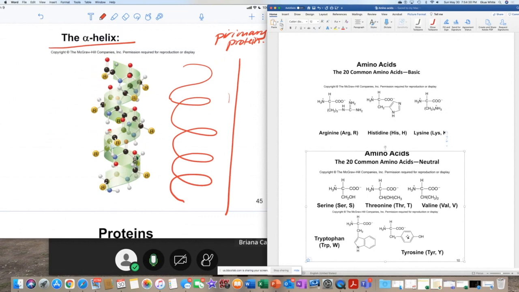And the hydrogen bond forms between the hydrogen on the nitrogen here and the oxygen once again in the carbonyl. So these hydrogen bond with each other to keep this structure in place. If you do something to break these hydrogen bonds, this converts back to the straight form. Okay, so the secondary protein can be converted to the primary protein sometimes by heating and breaking these hydrogen bonds.